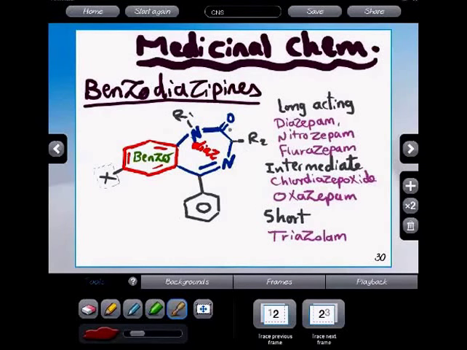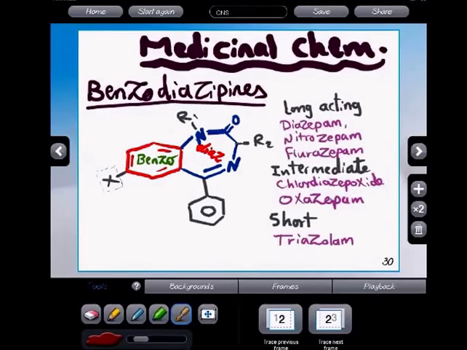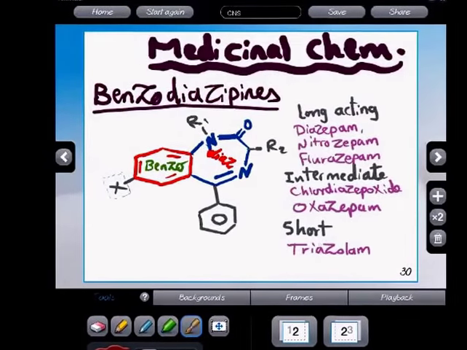You should remember it, because if you have any structure like this in the exam, you should choose a benzodiazepine drug. Again, long-acting like diazepam, nitrazepam, flurazepam, intermediate like chlordiazepoxide, oxazepam, short-acting like triazolam.